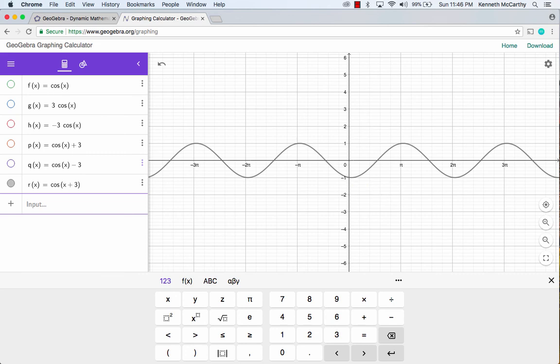And we'll see that when I do that. So there's the shift. It started here, but because we're now adding 3, we go left 3 units and we end up there.